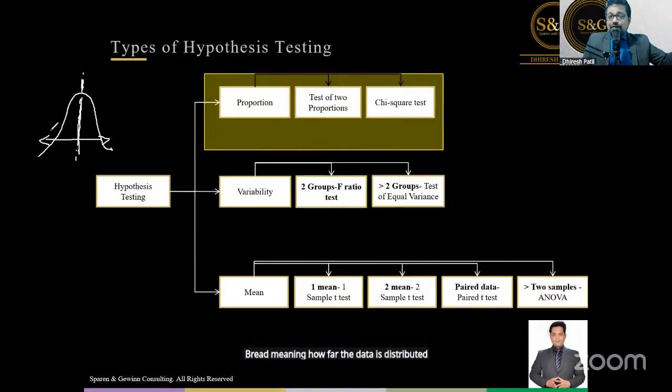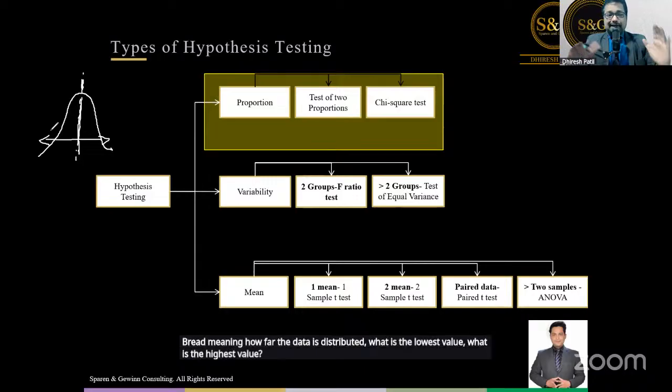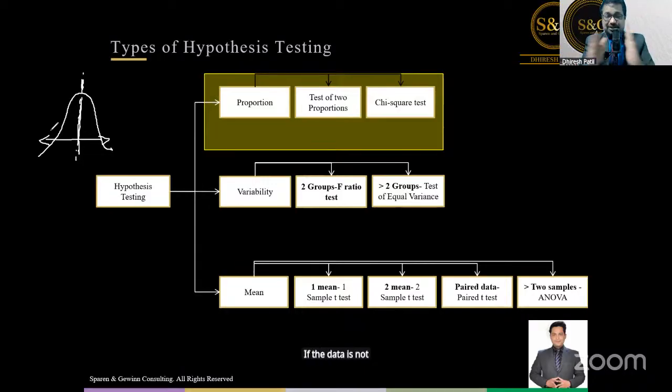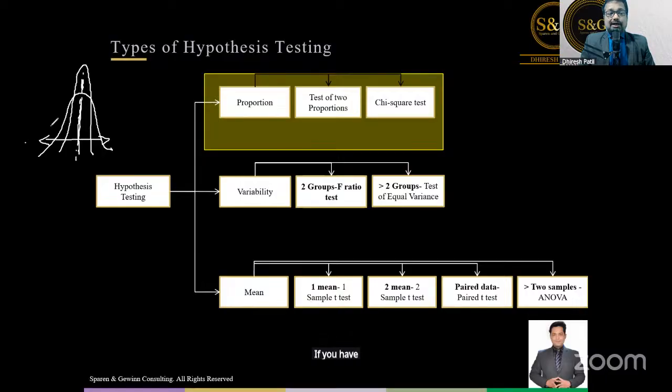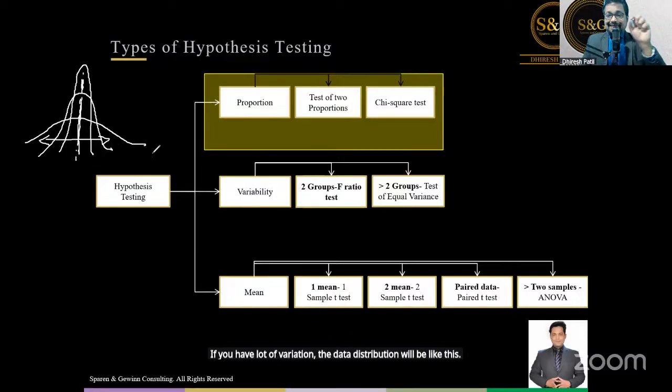What is the lowest value? What is the highest value? If the data is not spread much, you will have a thinner distribution like this. If you have a lot of variation, the distribution will be like this. Clear?